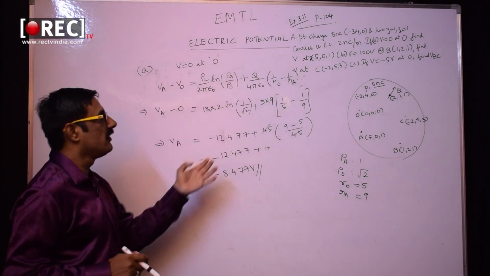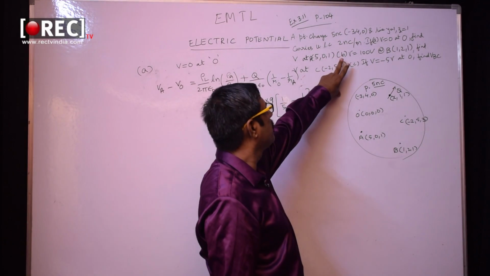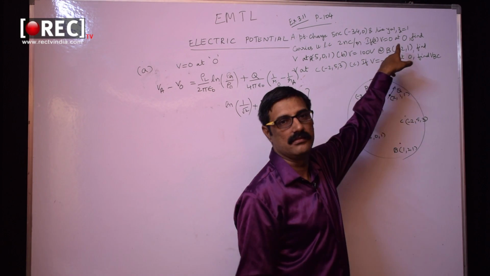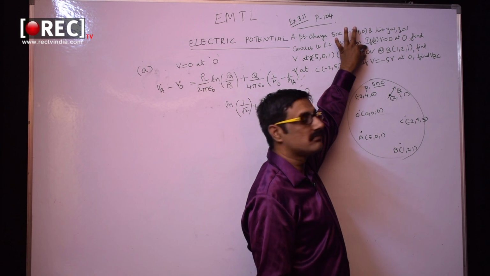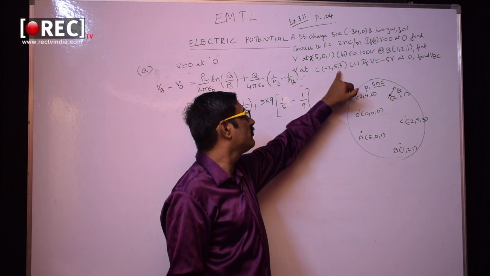Okay, now on the same lines we'll work out part B. In this part B, he says that the potential is 100 volts at B (1, 1). So this is one reference point we have. Find the potential at C (-2, 5, 3).